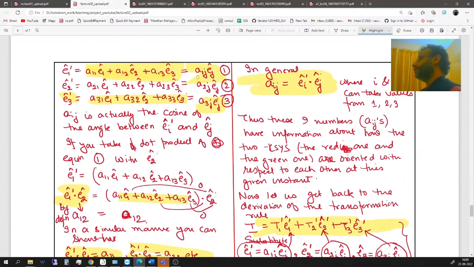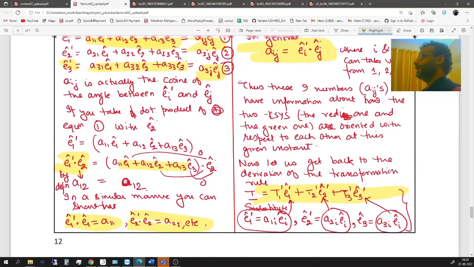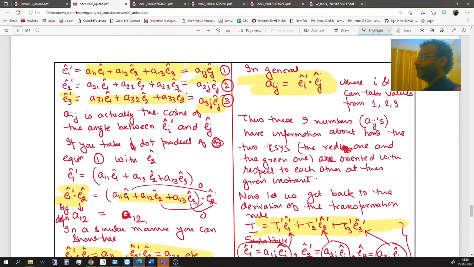I will get rid of them by representing these primed unit vectors in terms of unprimed unit vectors with appropriate Aij as coefficients. And we already have those formulas here, 1, 2, 3. I'm going to use that to replace E1 prime by A1i Ei, E2 prime by A2i Ei, and E3 prime by A3i Ei, completely in line with what I had here as 1, 2, 3.